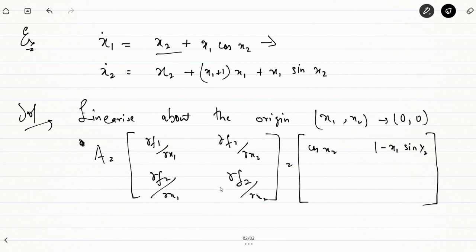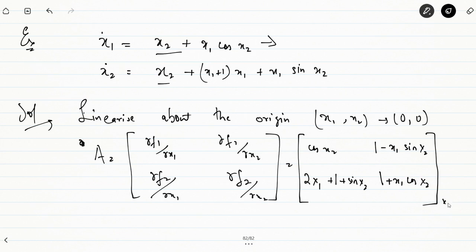And delta f2 divided by delta x1, this is x1 square, that means 2x1 plus 1, plus sine of x2. And delta f2 divided by delta x2 is 1 plus x1 cos x2.